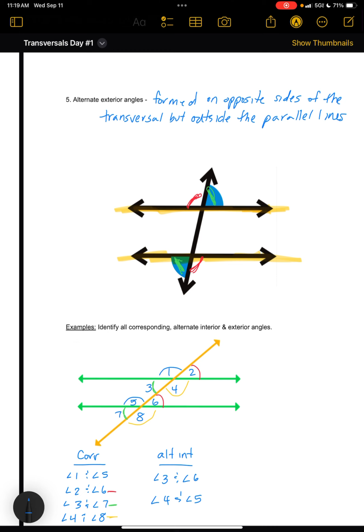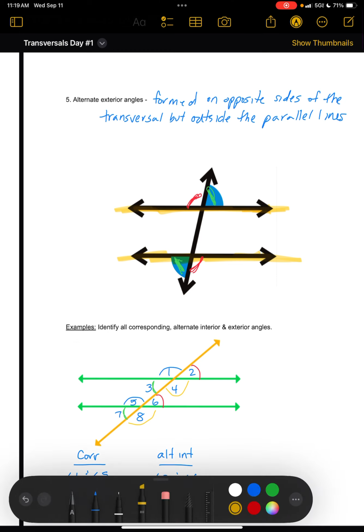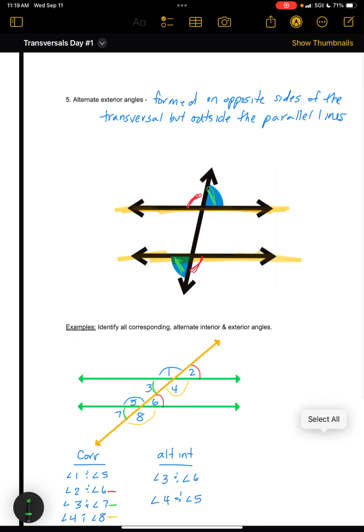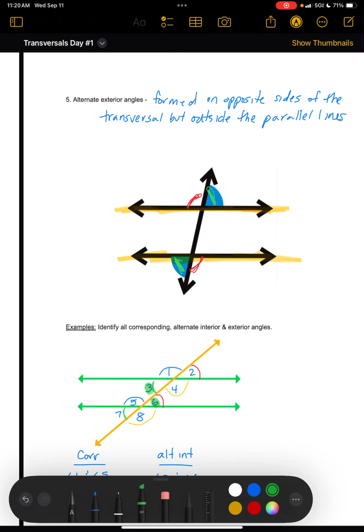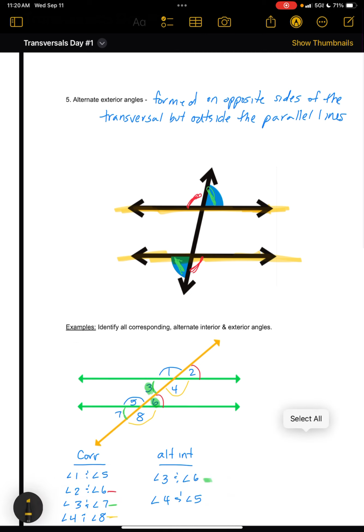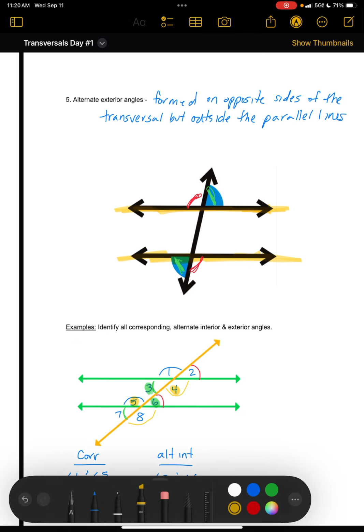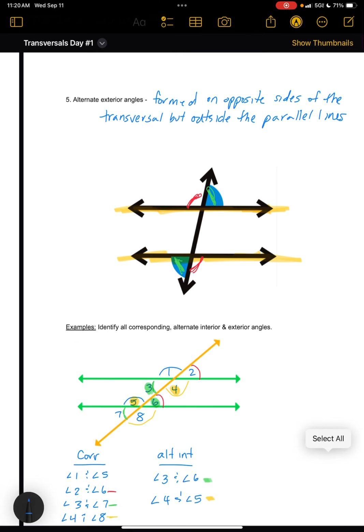Let's do a highlighter and do that in green for 3 and 6. And then we'll do yellow for 4 and 5. Remember, those have to be inside of the parallel lines, right?